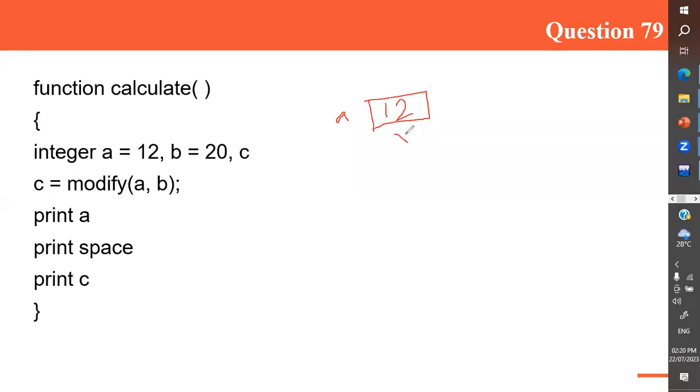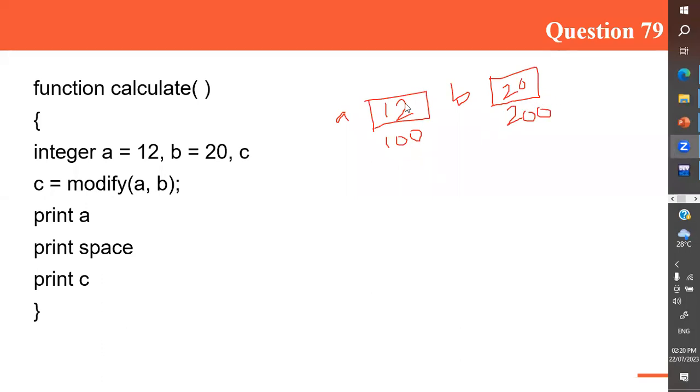Let us assume, not X, because X is used and you might get confused, some other address. Let us consider 100 is the address, and B is 20, and let us consider B's address is 200. Random addresses I'm taking.